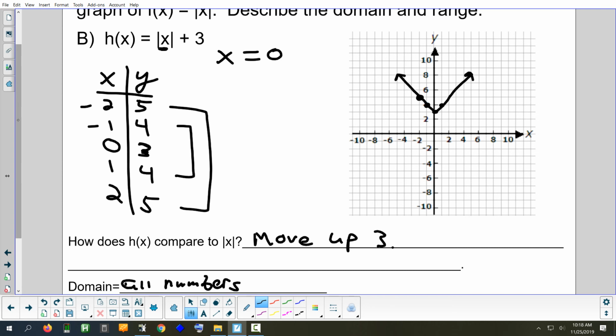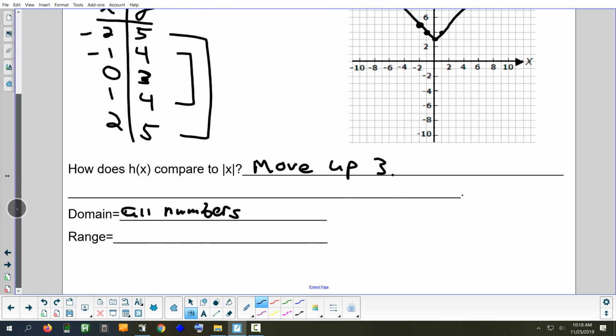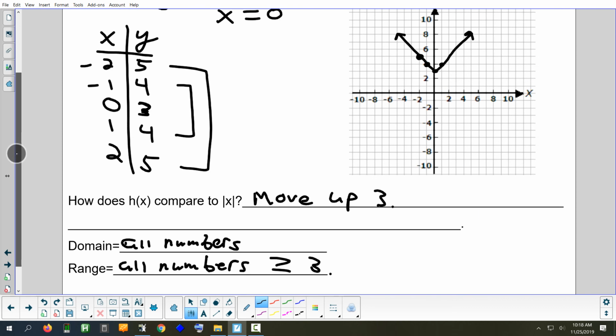What's the lowest that V-shape ever goes? 3. And then how high does it go? Just keeps going. So the range here is 3 up forever. And again, I'm just going to use the abbreviation, y greater than or equal to 3. It's not 0 because you shifted it up. So this is the lowest that it goes, right there.